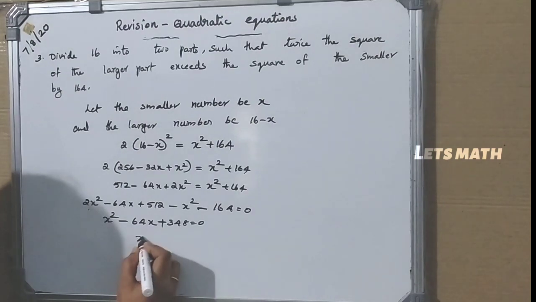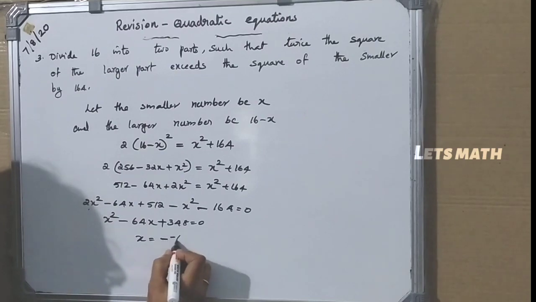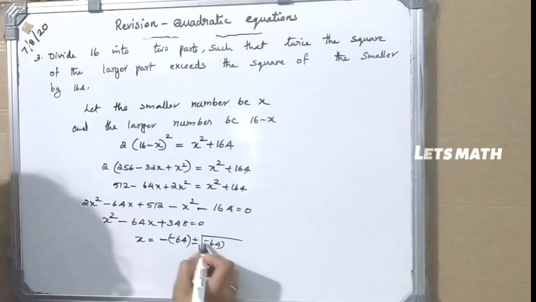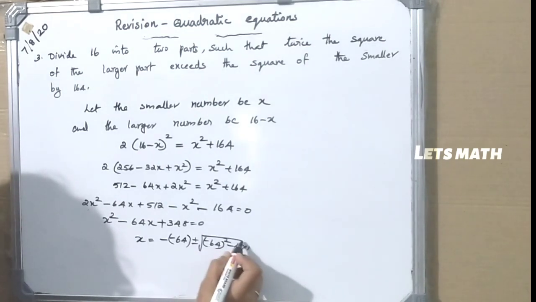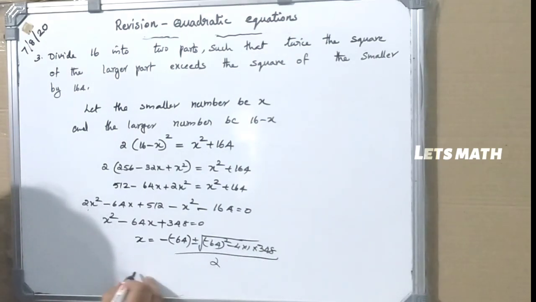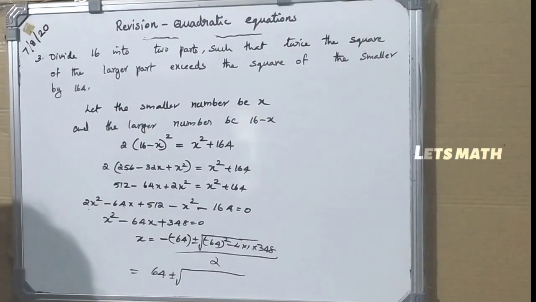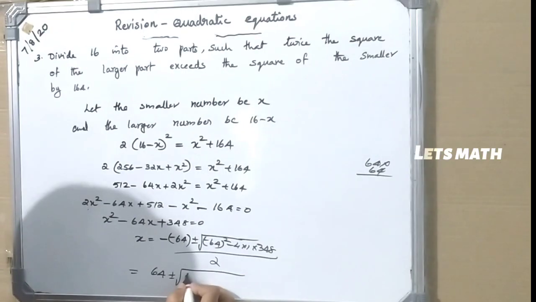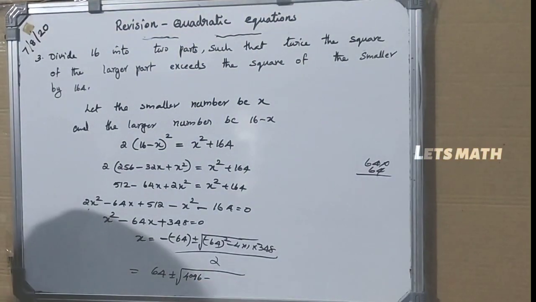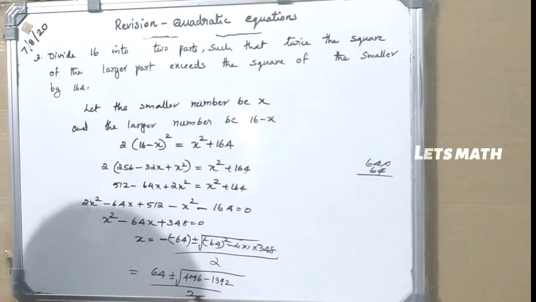Now again apply the quadratic formula. X equals minus b, minus of minus 64, plus or minus root of 64 square minus 4 into 1 into 348, by 2. 64 square is 4096 minus 1392, divided by 2.